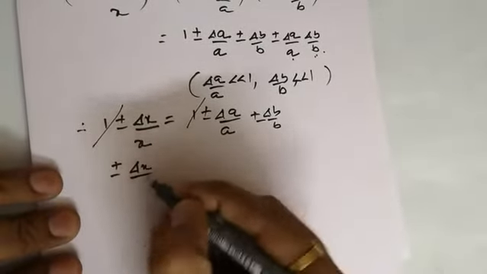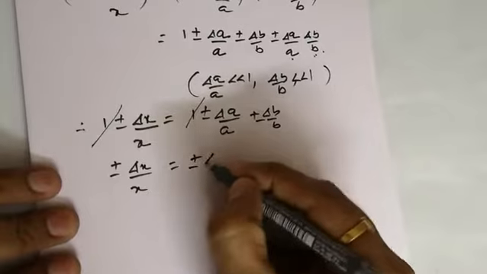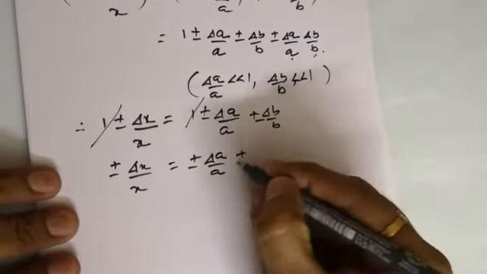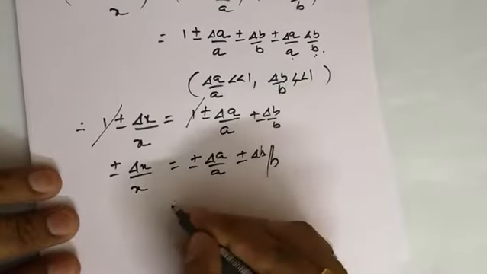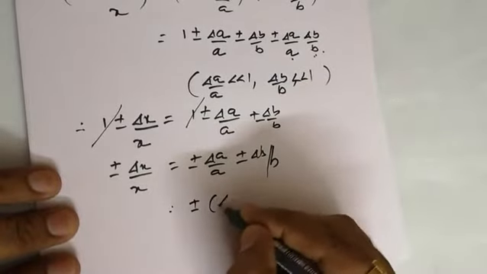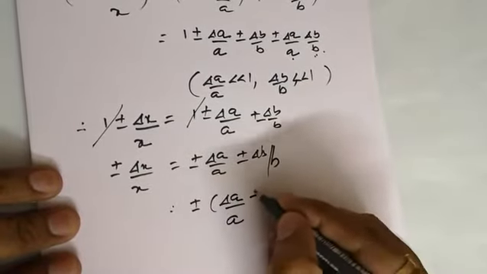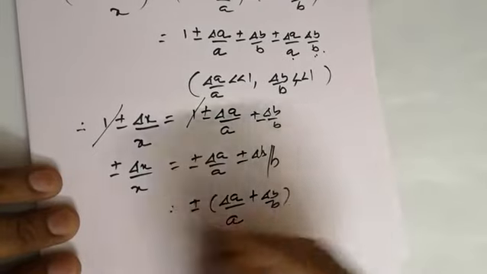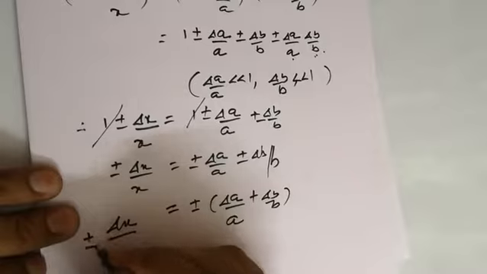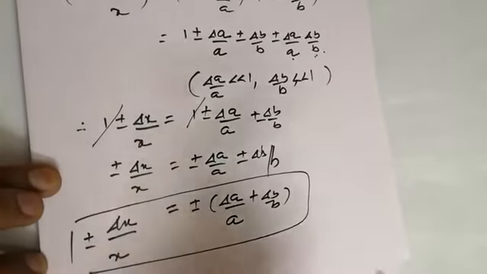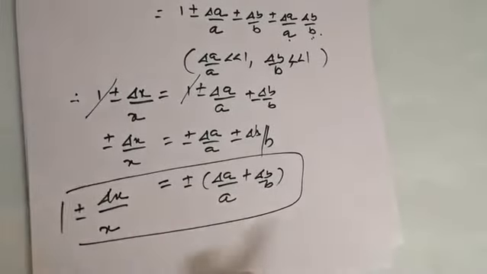So we may get plus or minus delta x by x equals plus or minus delta a by a plus delta b by b, which is the equation showing that whenever we have a and b, both errors can be added together.